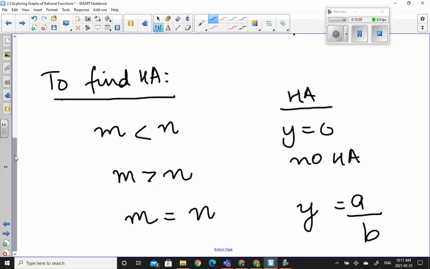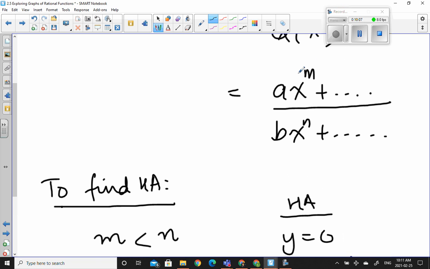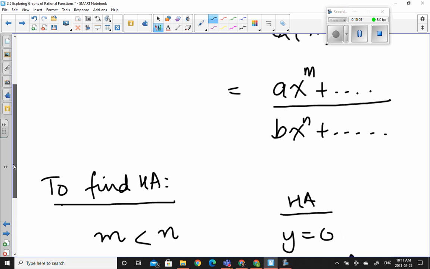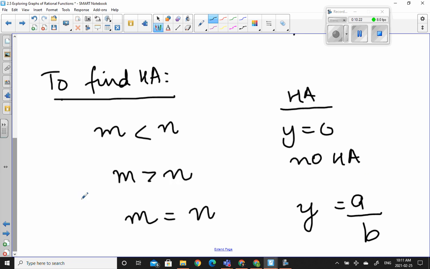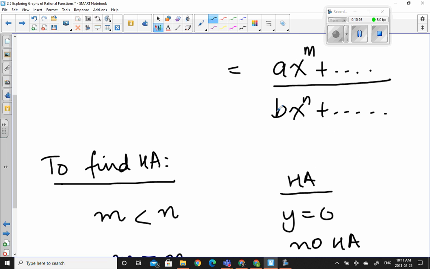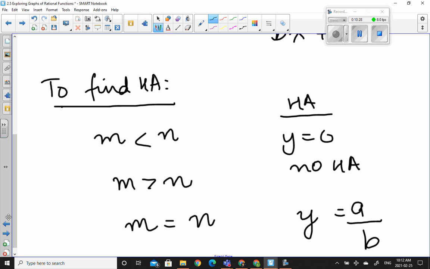If m, which is the degree of the numerator, is less than n, which is the degree of the denominator, then the horizontal asymptote is always the x-axis, which has the equation y equals 0. If the degree of the numerator is greater than the degree of the denominator, there is no horizontal asymptote. And if the two degrees are the same, then you divide the leading coefficients, so y equals a divided by b would be the equation of the horizontal asymptote.